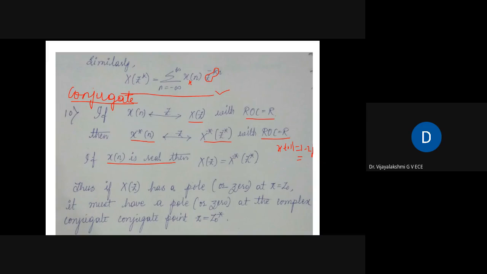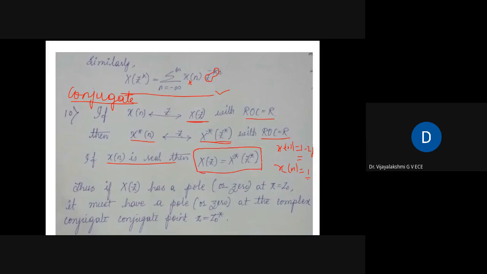This is okay. But if I have x of n just 1, which is real, then its conjugate is also the same. So that means in the Z transform, if you have any real signal, the Z transform of the original signal and the Z transform of its conjugate will be the same. X of z will be the same as x conjugate of z conjugate if x of n is real.